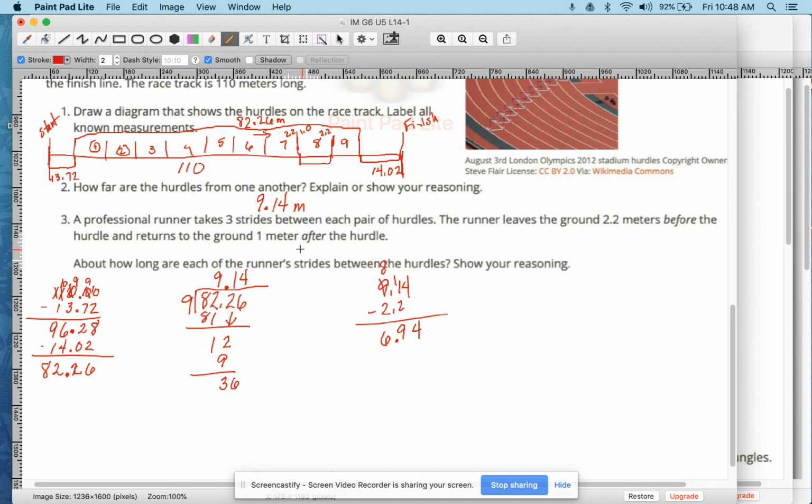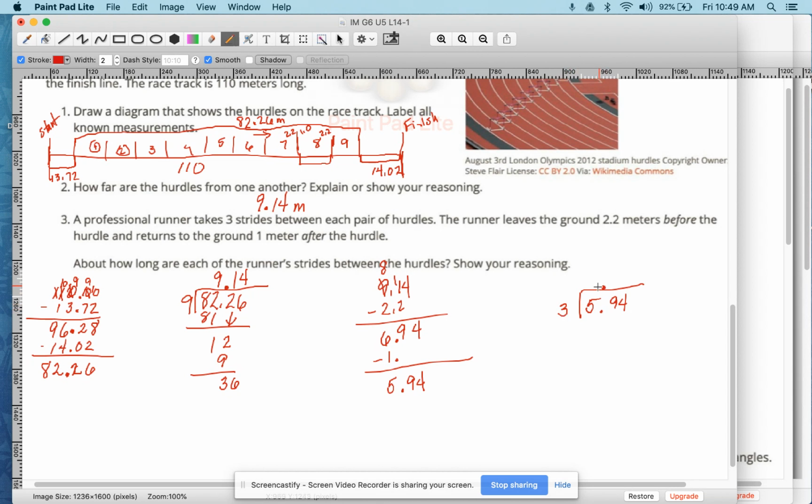But then the runner returns to the ground 1 meter after. So I need to subtract another 1. And remember, this is 1 meter, so it goes under the 6. So really, I have 5 94/100 meters to deal with, where that runner is taking 3 strides. So how long is the stride that they're taking? 5.94 divided among 3 equal length strides.